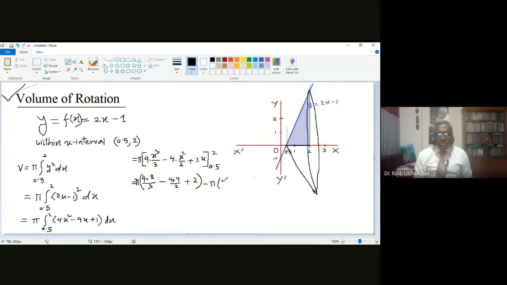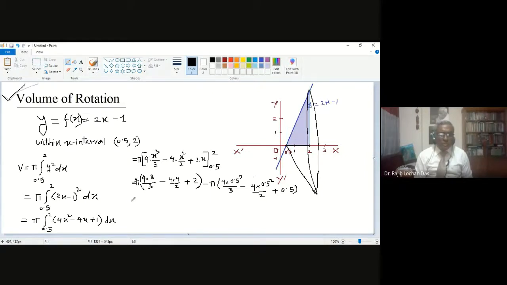So it will be 4 into 0.5 cube, and then divided by 3, and then 4 into 0.5 square divided by 2, and then plus 0.5. So this will be the calculation.